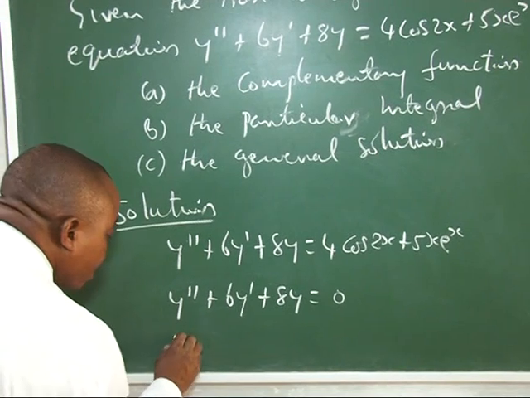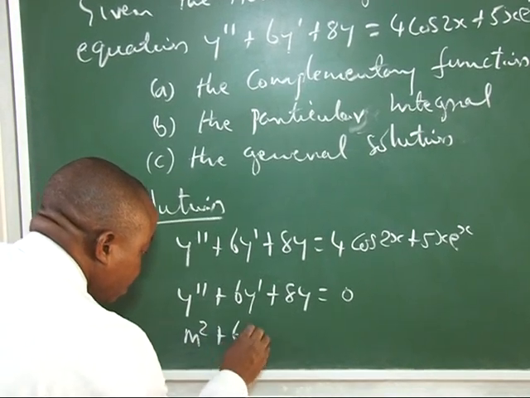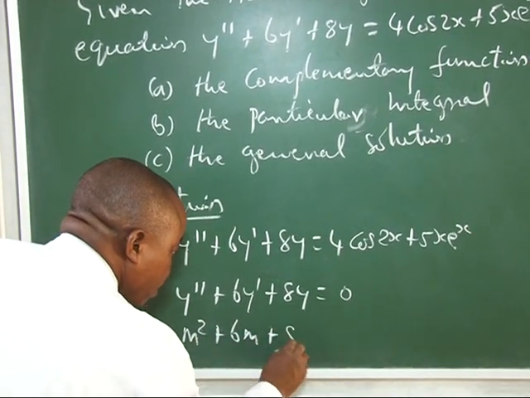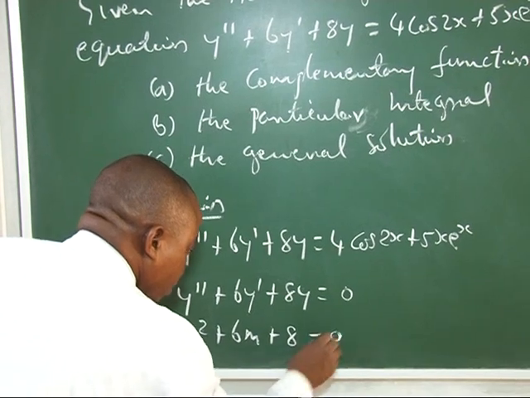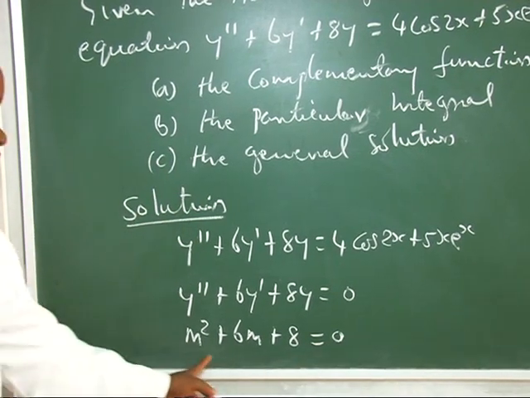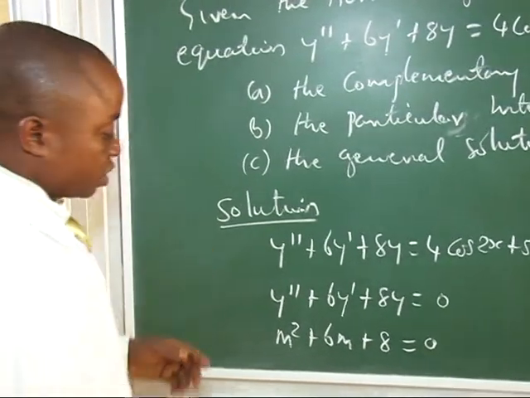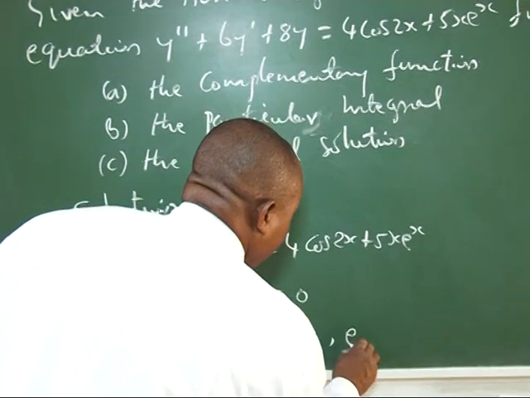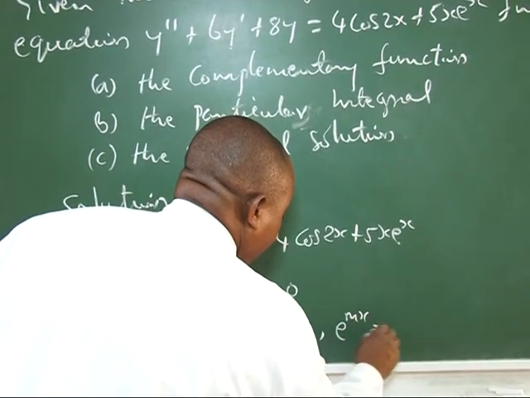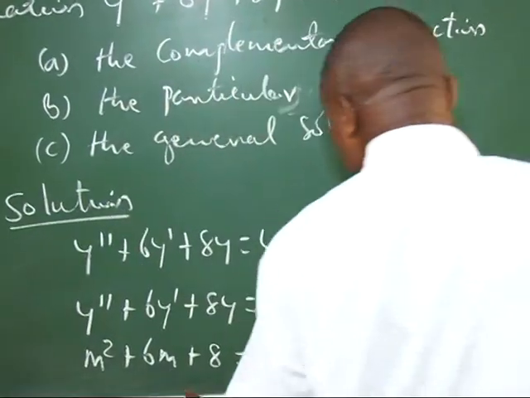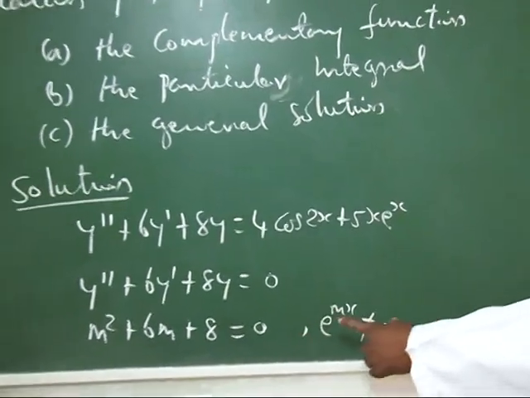We know that we'll have something like this. M squared plus 6m plus 8 is equal to 0. That is the auxiliary equation for this, which we know from what we have done. Alright. And then we have exponential mx, of course, is not equal to 0. We should be able to know this from what we have done.